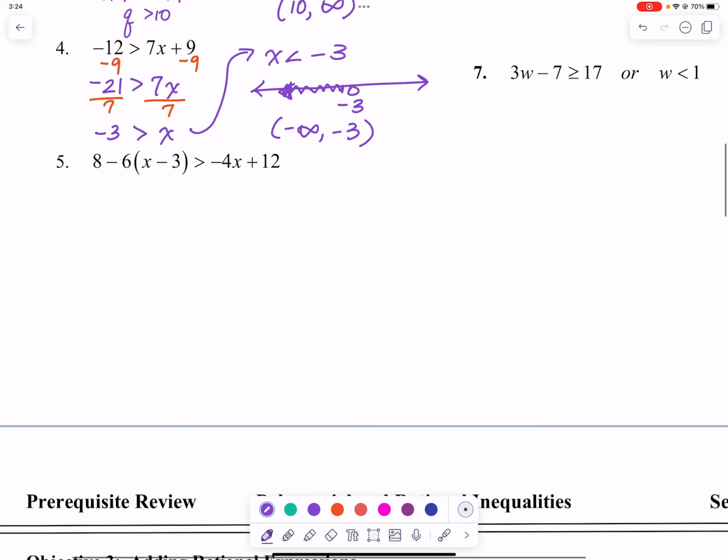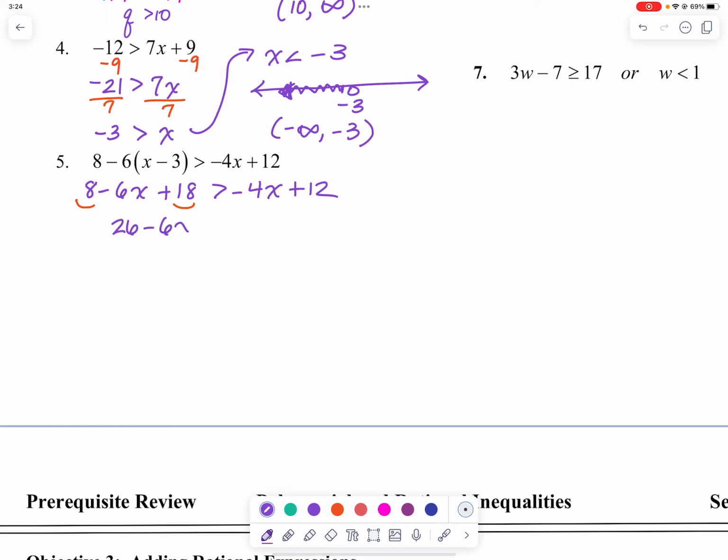Moving on to number 5, let's distribute that 6 first. And let's combine our like terms on the left side. So 8 plus 18 is 26. Here we can now add 4x to both sides, and we have a -2x, and we still have that 26 is greater than 12.